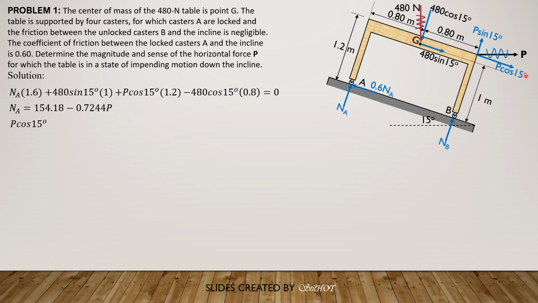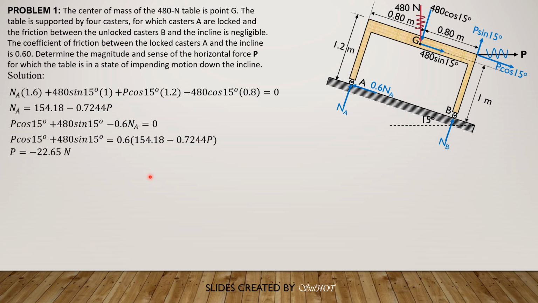So P cosine 15 degrees plus 480 sine of 15 degrees minus 0.6 of NA equals 0, and NA is 154.18 minus 0.7244P. So let's substitute NA into this equation here. Then solving for P, P is negative 22.65 newtons.